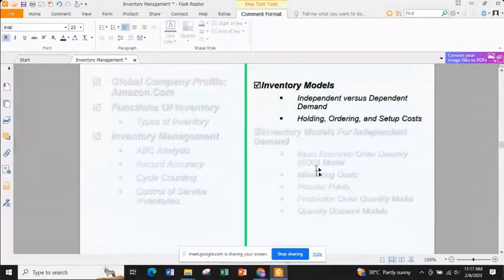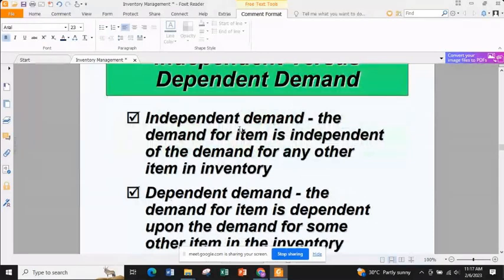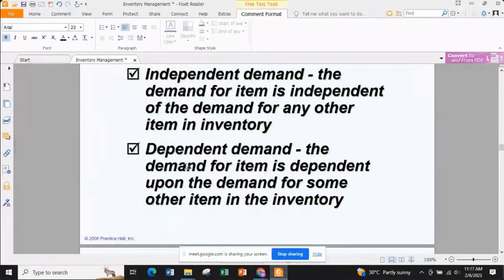So inventory models. This is the last topic, so we don't discuss this. You can read it independently. So independent versus dependent demand. Independent demand, the demand for an item is independent of the demand for any other item in inventory.